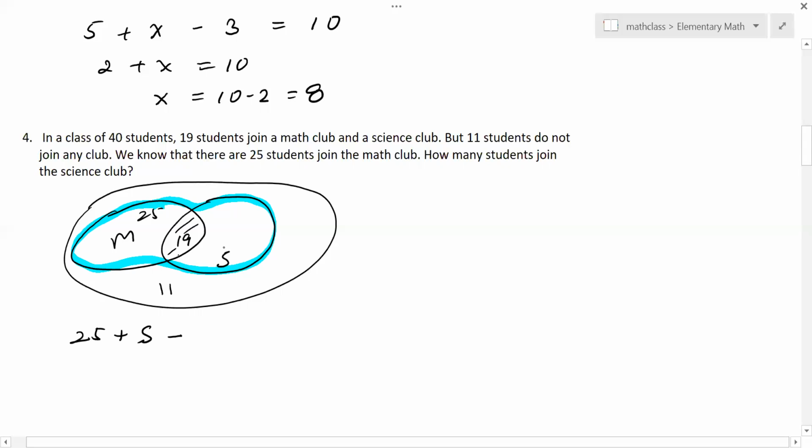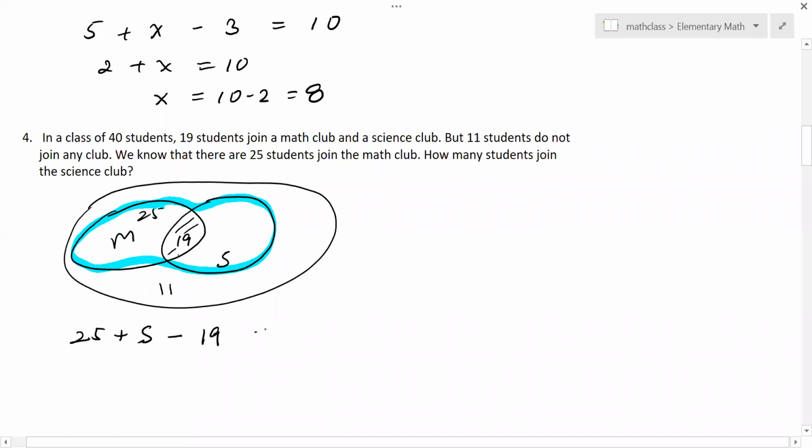That's the overlap. So you have to subtract 19. When you subtract 19, you get the total number of students who join the science club or the math club or both.